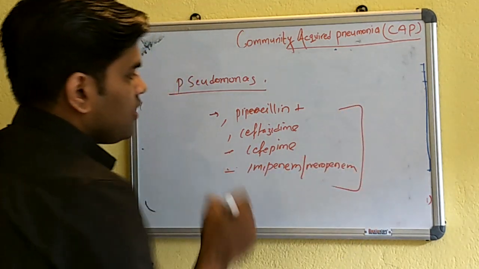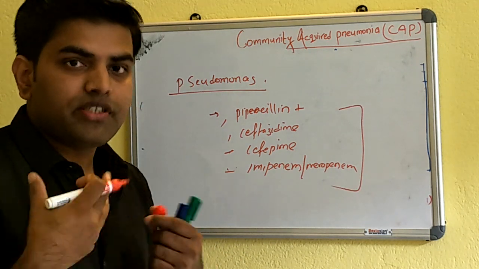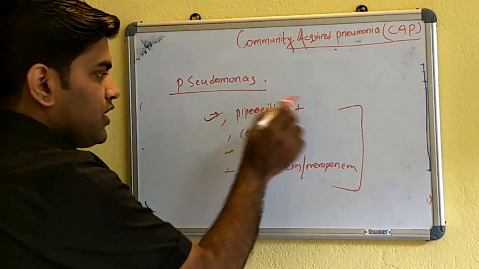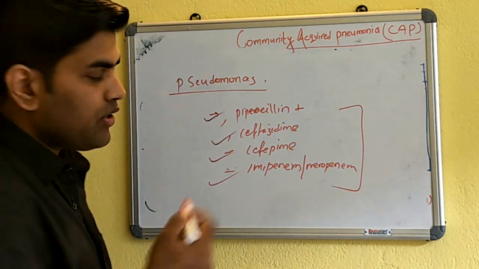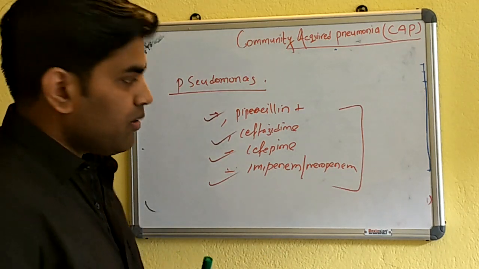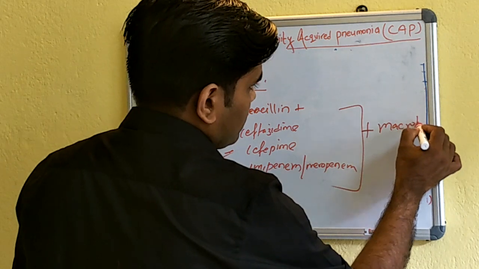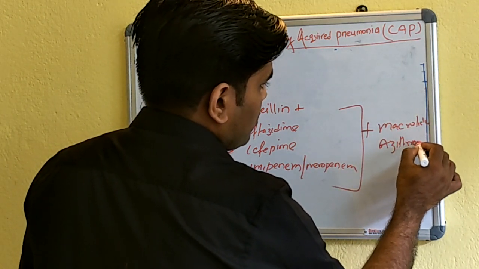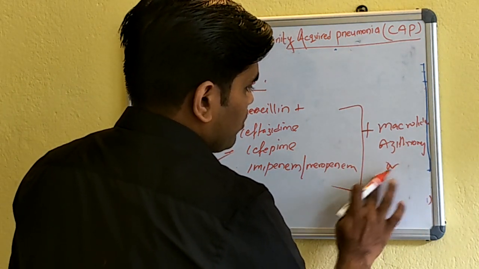If you are isolating Pseudomonas from the respiratory sample, then you should use one of these: piperacillin-tazobactam, ceftazidime, cefepime, imipenem, or meropenem, or according to the sensitivity obtained, plus a macrolide, that is azithromycin. Or you can add respiratory fluoroquinolones.